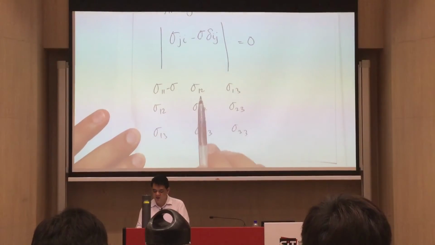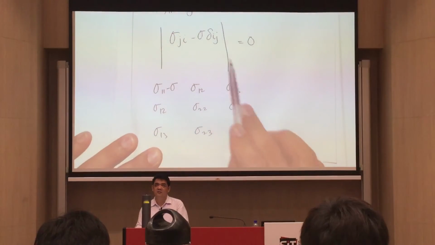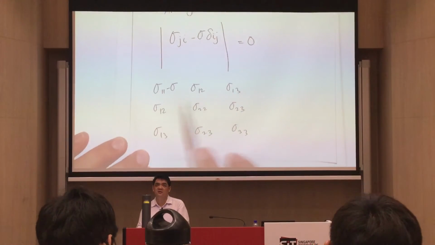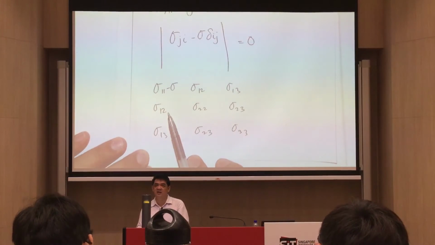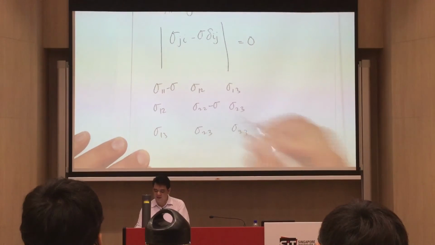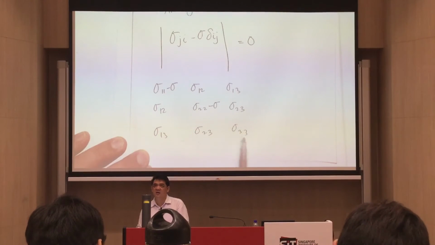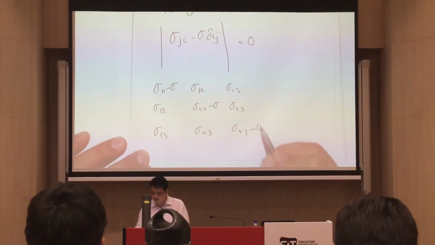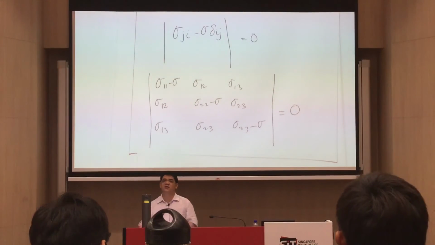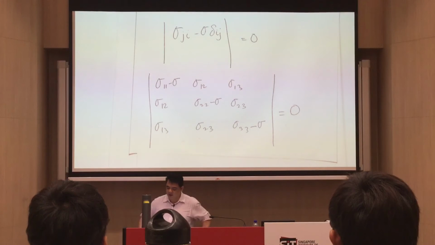If i is not equal to j, that is 0. If i is equal to j, that is minus sigma. So the determinant of this one must vanish, and you get again the roots of your equation.